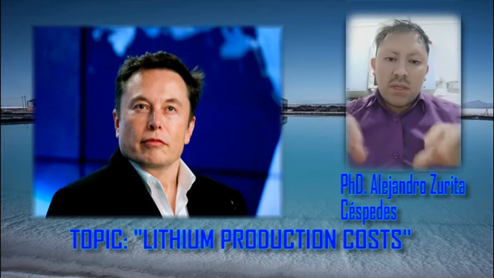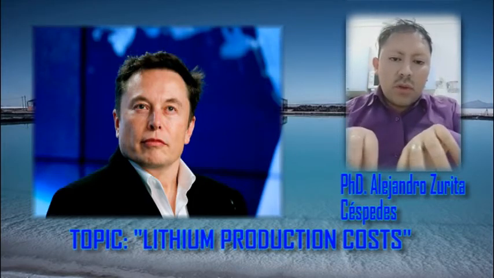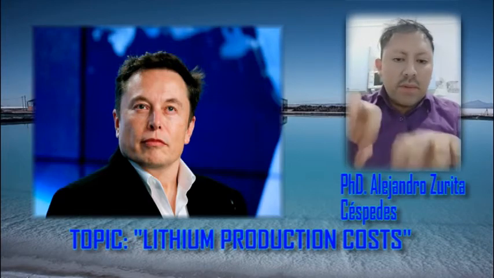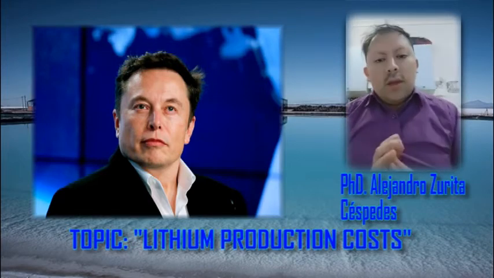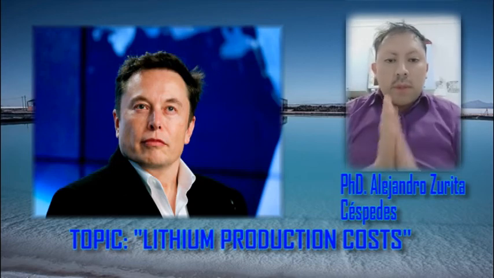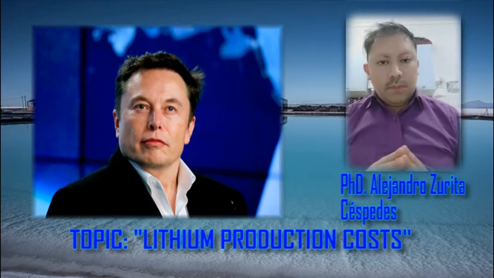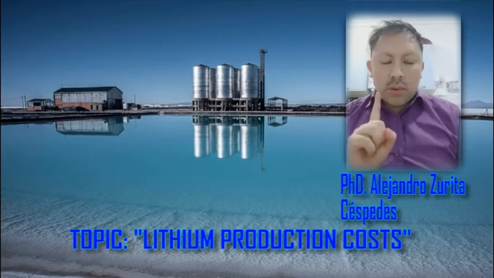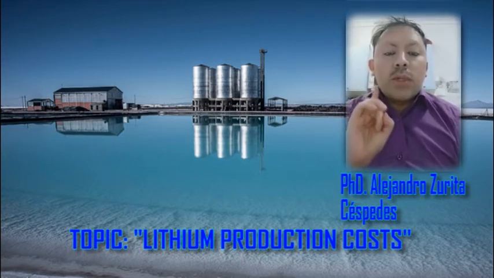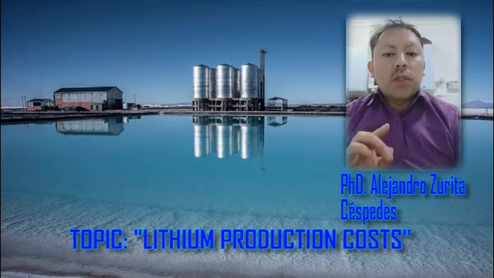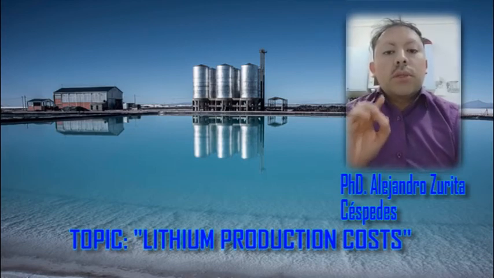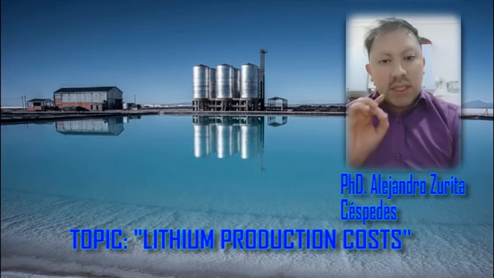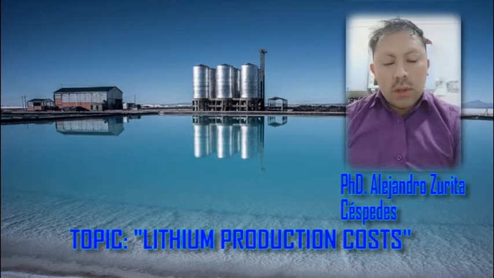They will be around 250 kilometers from this plant. It's a good decision from the government in Australia. We must not forget that we need 500,000 gallons per ton of lithium production. It's a huge amount to obtain the lithium.